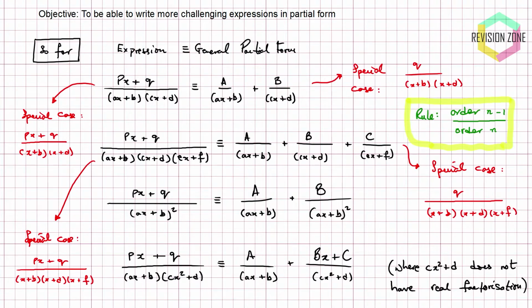But of course, if we had px plus q with three linear factors, then the general partial fraction form will have three separate fractions, and each denominator is going to be the factors that we had written out independently, and then we're going to have three numbers in the numerators that we're going to have to do some work to find out.